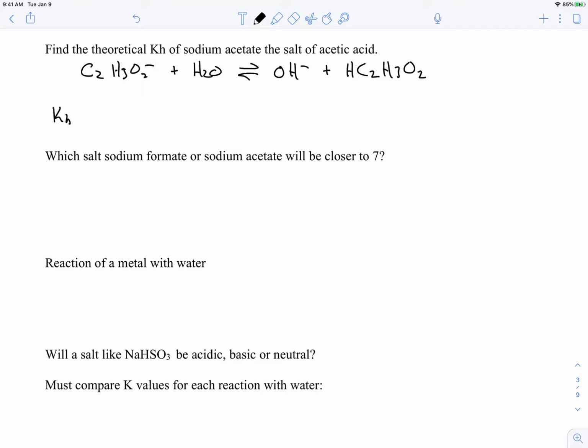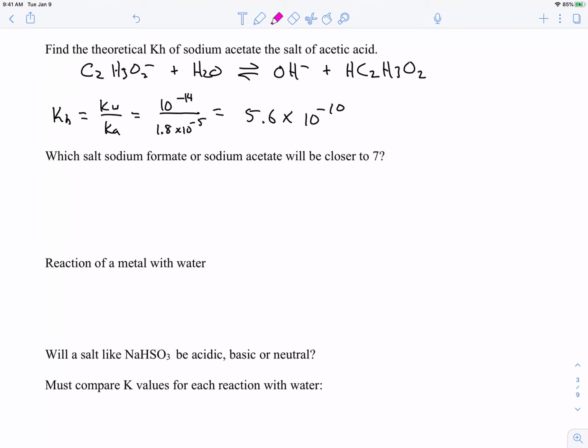We learned previously that the hydrolysis constant is going to equal Kw over Ka. We also learned in a previous experiment that Kw is 10 to the minus 14. The Ka of acetic acid is 1.8 times 10 to the minus 5th. So the K value for this reaction of acetate ions with water comes out to be 5.6 times 10 to the minus 10th. Again, a rather small number.